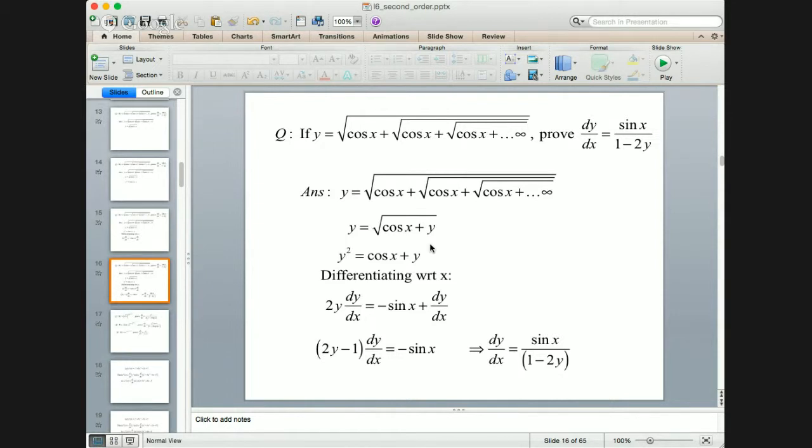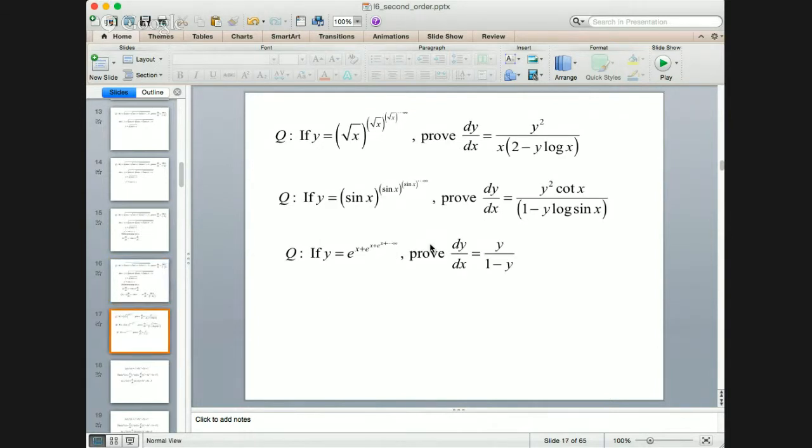You may even find a problem like this asked as a 1 marker. It's very rare that a function like this gets very complex and time consuming as far as the derivatives are concerned. So here there are 3 functions that I have put down, 3 problems for you to note down, because these questions are not there in your NCERT textbook.